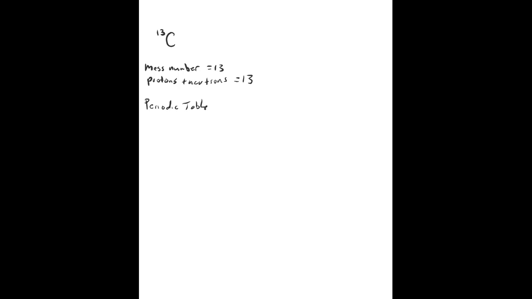Okay, so if they give you this, I don't want to put a square around it because you might think that's the periodic table. If they give you this, C13, you just go to the periodic table and look up that symbol, you look up carbon. Very simple. In fact, let me do this as long as we're doing this.